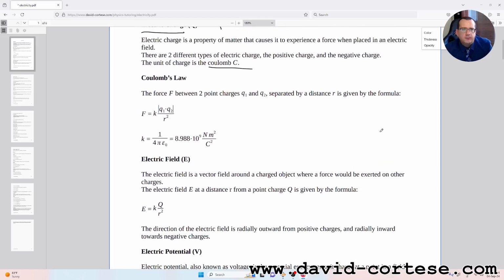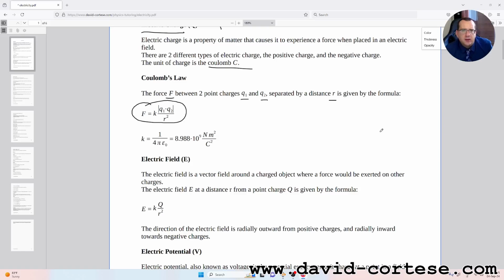Coulomb's law: the force F between two point charges Q1 and Q2 separated by a distance r is given by the formula F is equal to K times the modulus of the product between Q1 and Q2 over r squared.